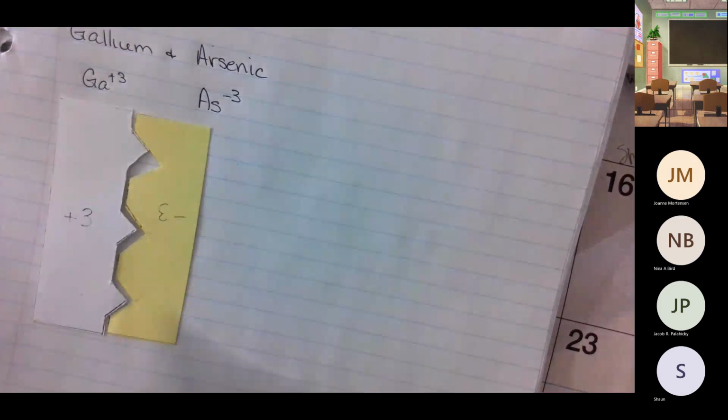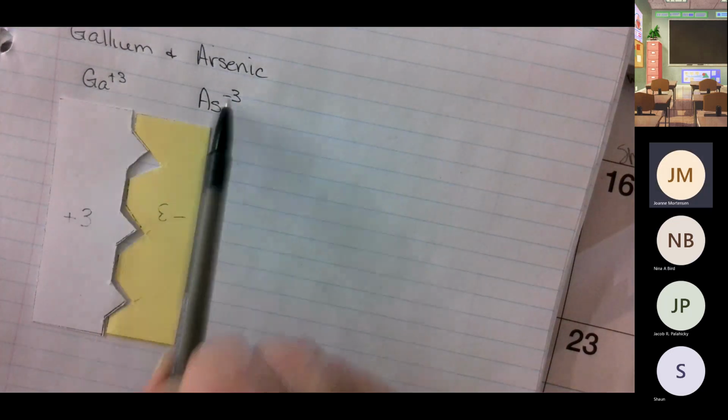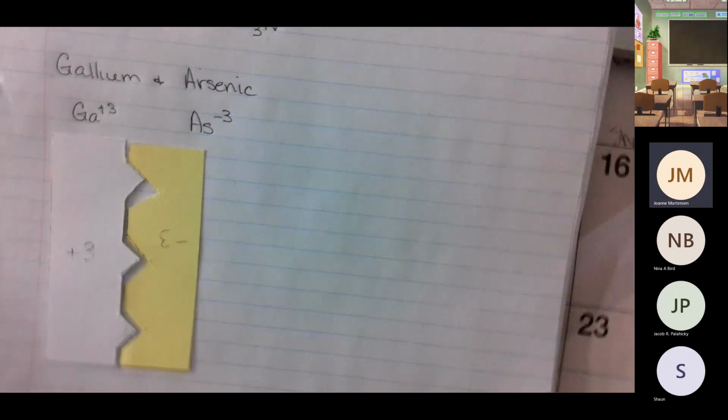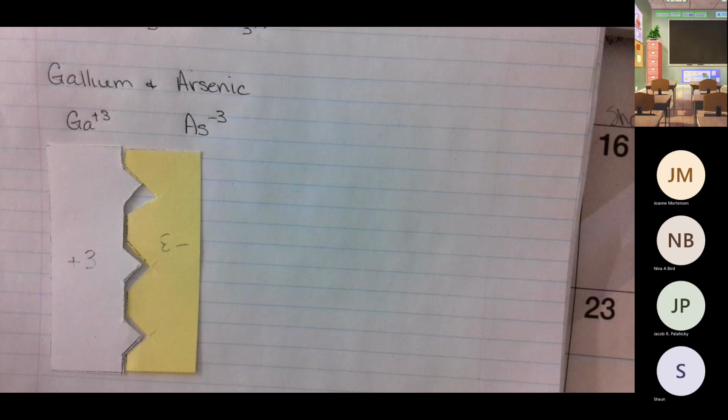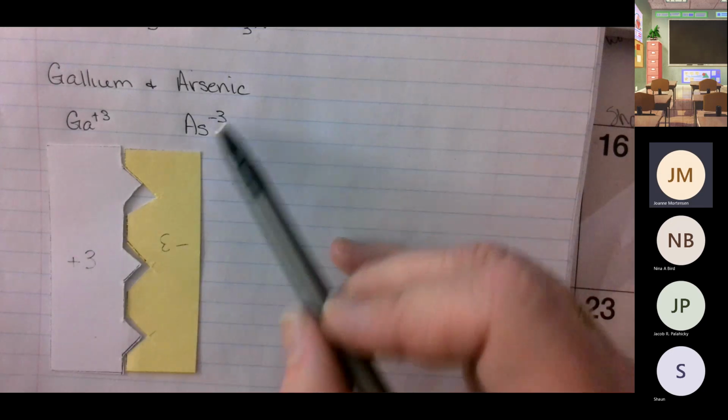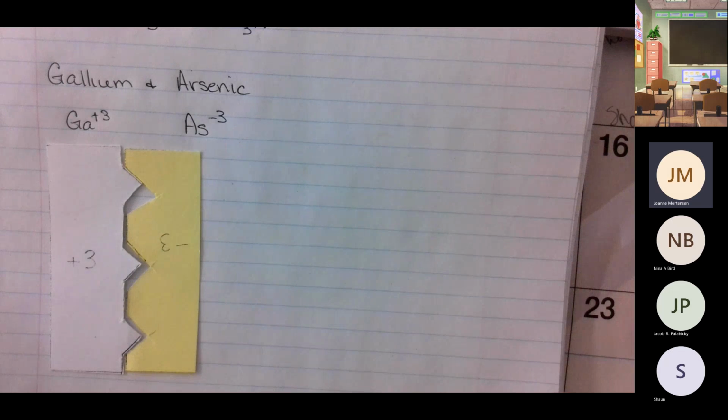Whatever this is, those are the pieces. Those are the ones you get to use. That's why I'm choosing the specific pieces. So if it says +3, I only get to use +3 pieces. If this is -3, I get to use -3 pieces.